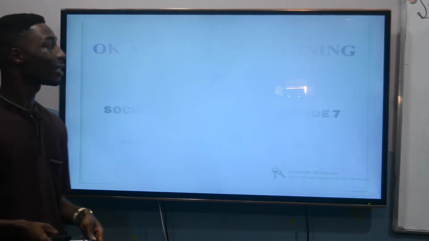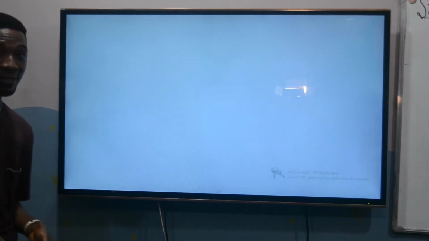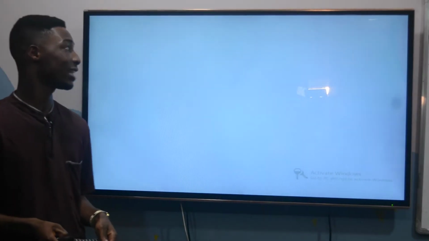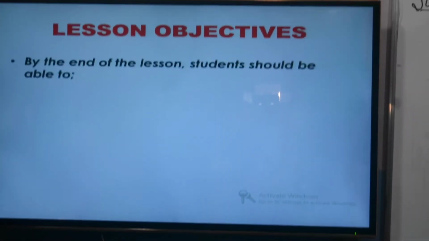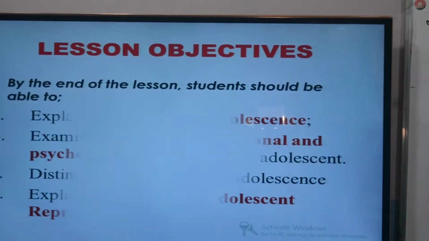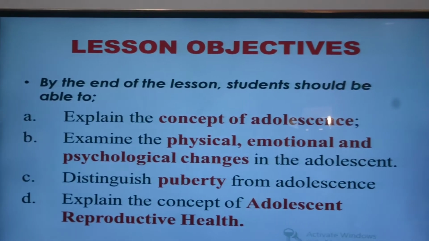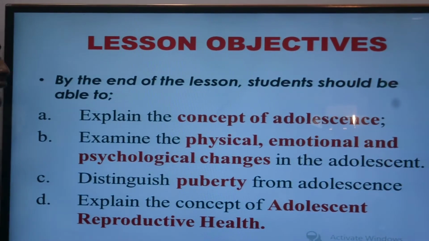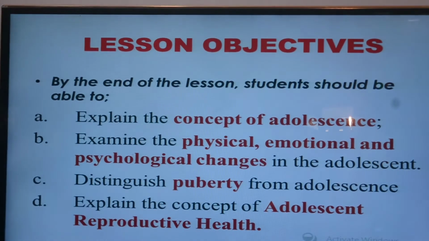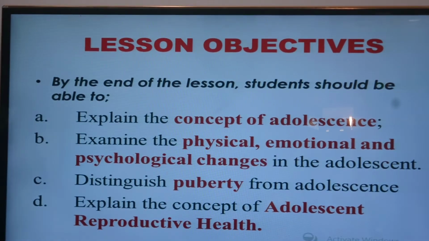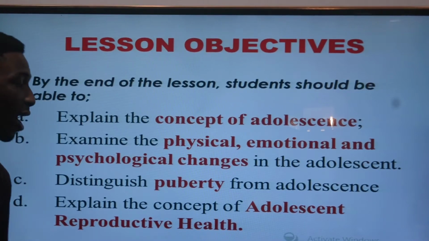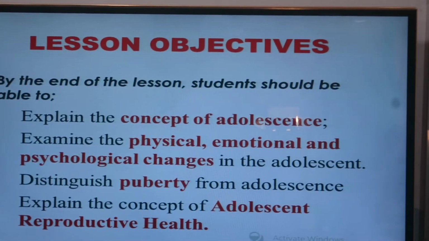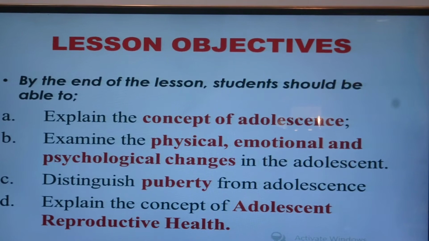Let's look at the outlines or objectives that we have to achieve by the end of this lesson. By the end of the lesson, you, the student, should be able to explain the concept of adolescence. Secondly, you must be able to examine the physical, emotional, and psychological changes in the adolescent.